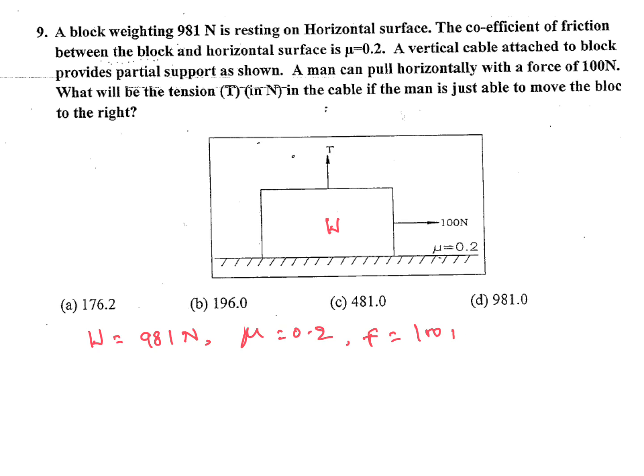We have to calculate the tension T. We'll draw the free body diagram. It has F, W downward, T upward and normal reaction upward. Here the frictional force is mu into N.